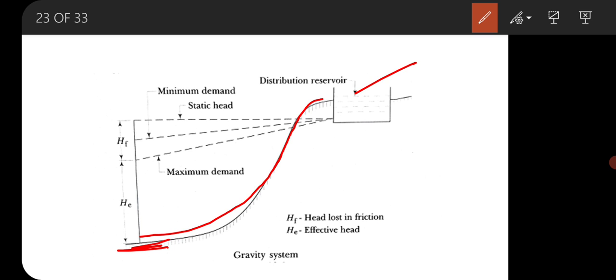In gravitational system, the pumping is normally not required at any stage, but in a case where the source, such as a lake, is situated at a hill and the treatment plant is also situated almost at the same level on the hill, then the water may have to be supplied from the source to the treatment plant by low lift pumping.